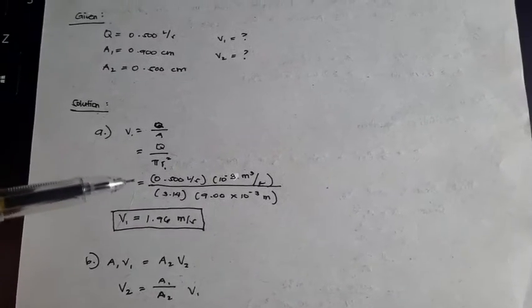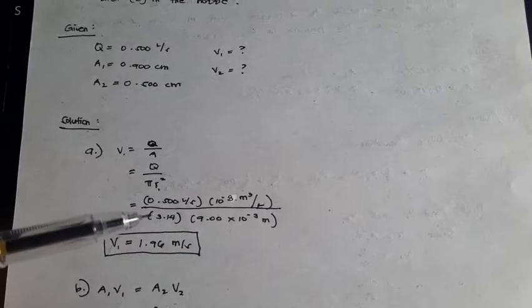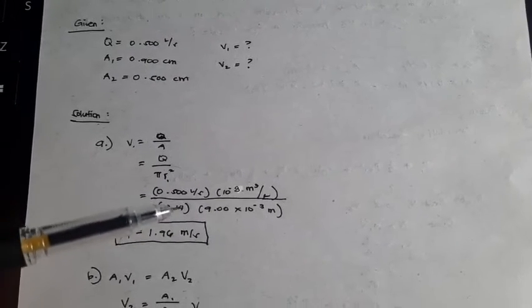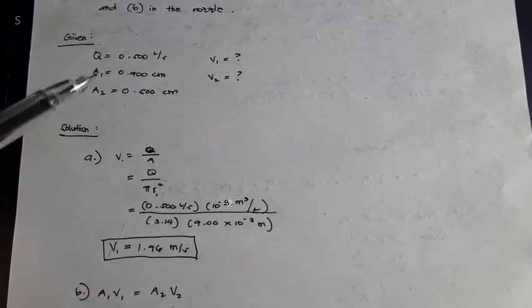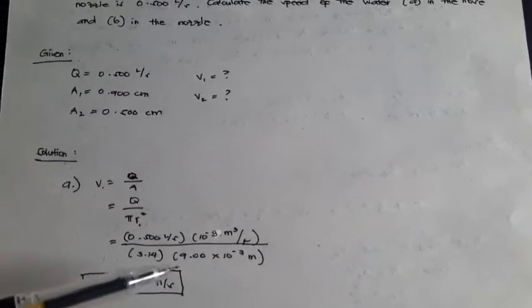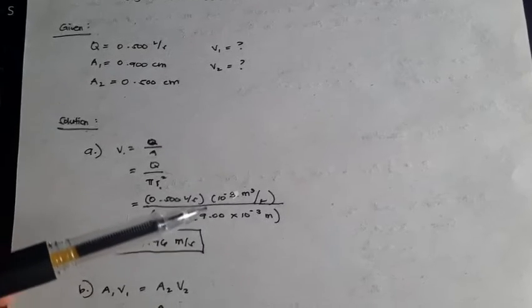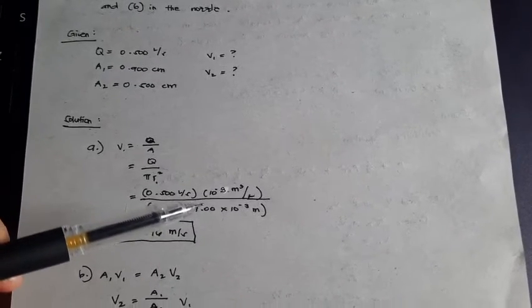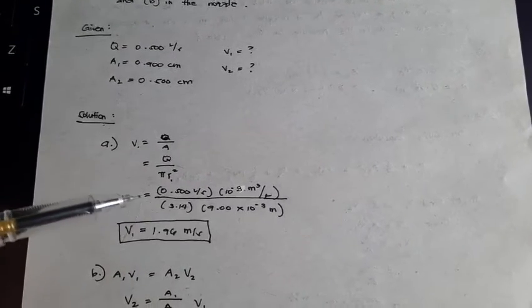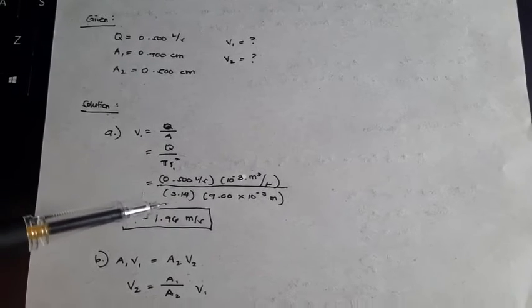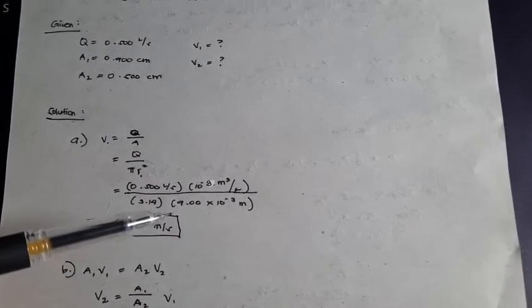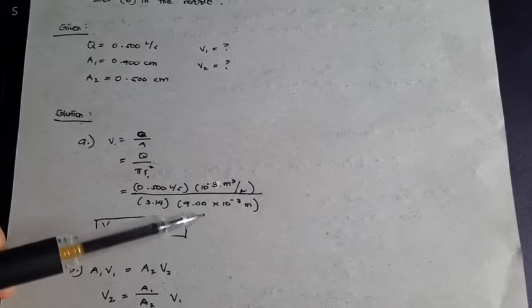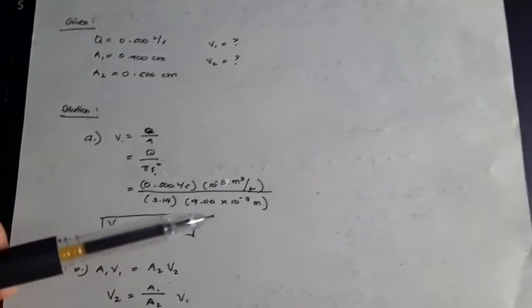And dayon is equal to, substitute, so 0.500 liter per second. Since mo-convert ta sa flow rate, 10 raised to the negative 3 power meter cube over second, over ang atong pi, in which 3.14 times 9.00 times 10 raised to the negative 3 meter.